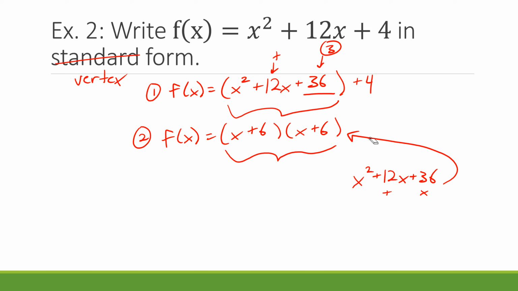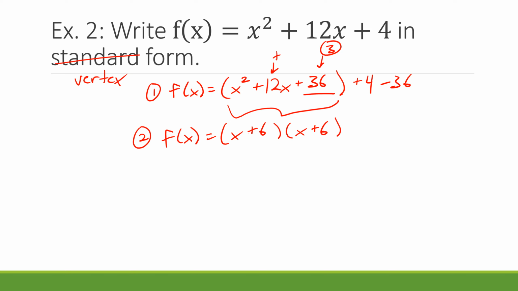It's 6 and 6. Keep in mind, though, the other part of the third step is that since I added 36 in there, I also need to subtract 36, and that is to keep my equation balanced. If I add 36, in order to keep things balanced, I also need to subtract 36. That way I'm adding 0 overall. Okay, so fourth and final step, I just need to simplify some things. So let's make sure to write x plus 6 as x plus 6 squared.